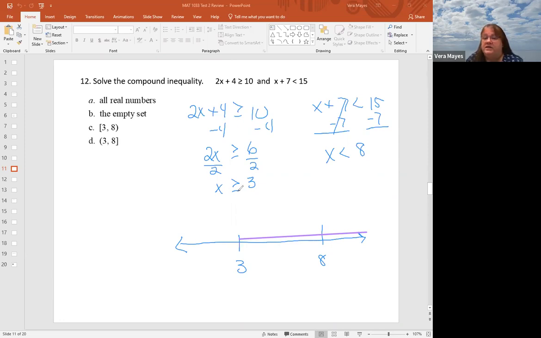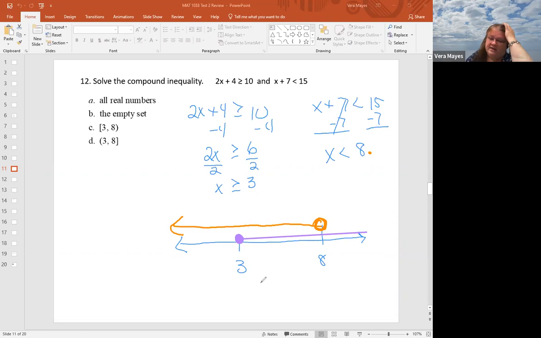And when I look at this, there's an equal bar this time, so I'm going to close that circle in. Now I'm going to get another color and I'm going to graph this one. 8, so I want x to be less than 8, which goes to the left. And this one does not have an equal bar, so this one's open.